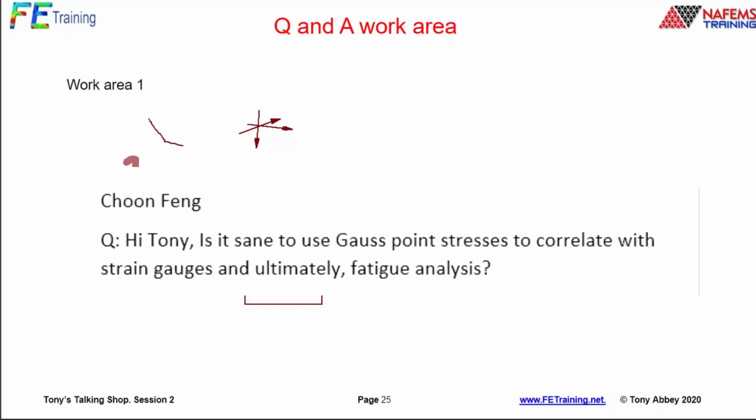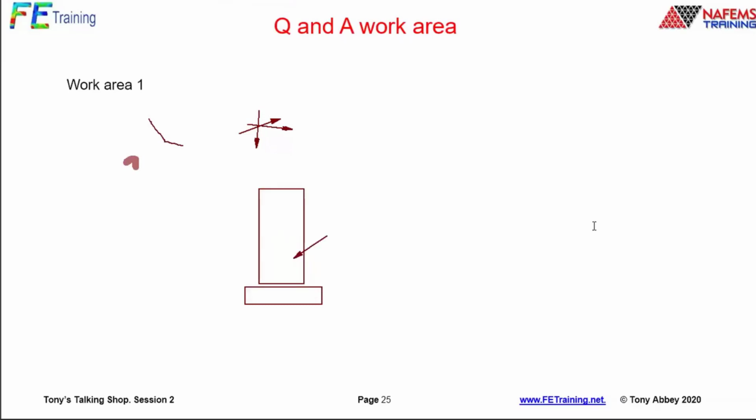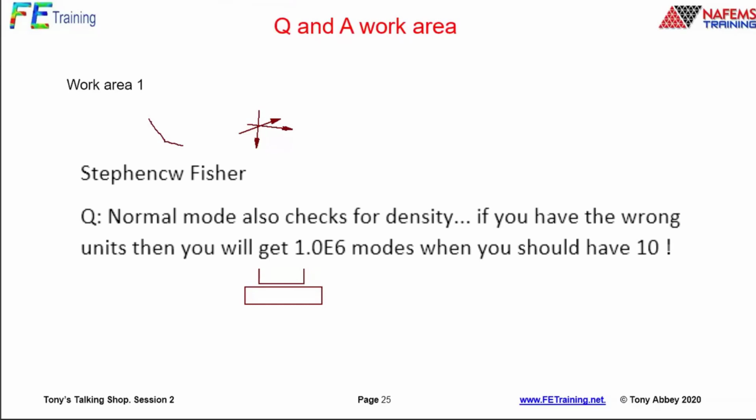If you knew those values to hand, and you knew the peak stress levels you'd expected to see due to your particular loading, maybe based on experimental evidence, by all means use that. So certainly downstream, a very good approach to take, Chun. But at this early stage, when we're looking at sanity checks, maybe it's a little bit too early for that, but still a very good thing to be doing.